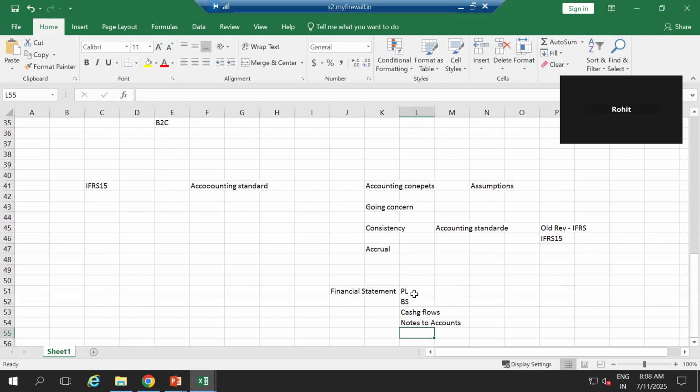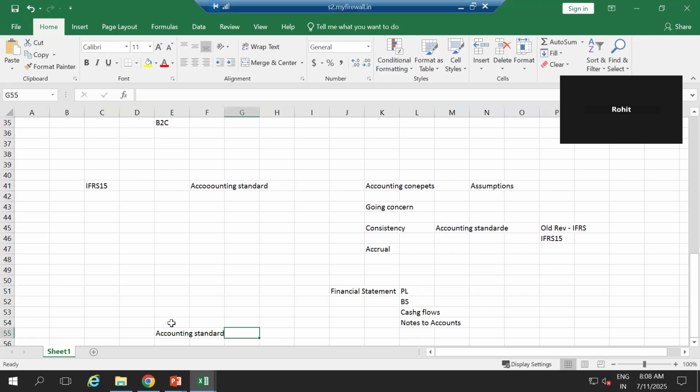Whenever you prepare these financial statements, you have to keep in mind these three accounting concepts, and you have to prepare them by following certain accounting standards. Now, again, what is an accounting standard? Accounting standards give you a way of how you recognize certain transactions in your books. So an accounting standard is nothing but a guidance.